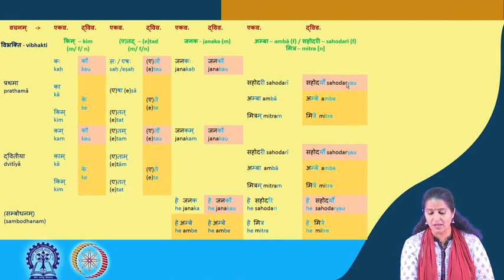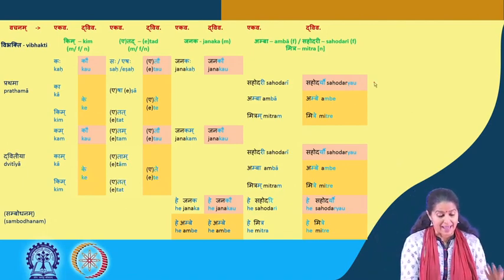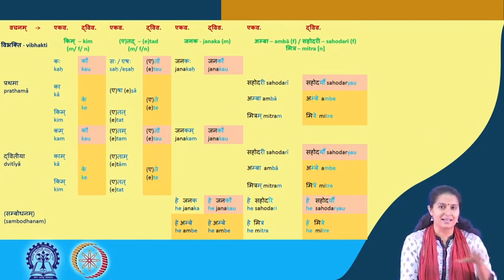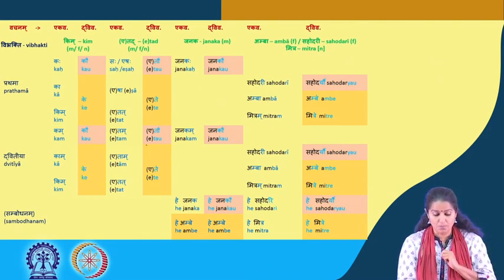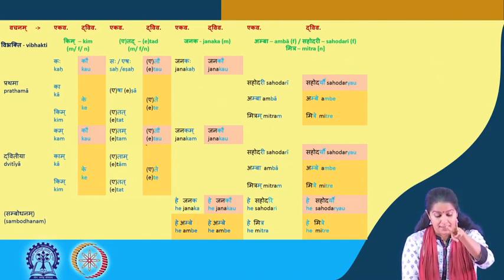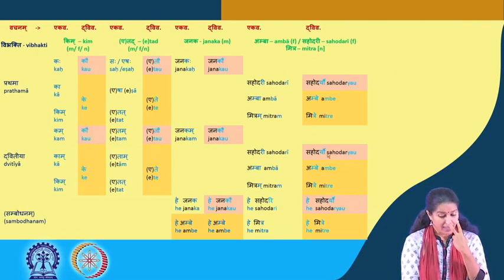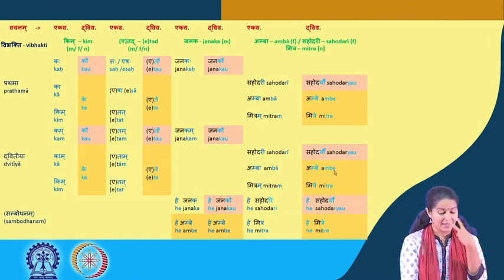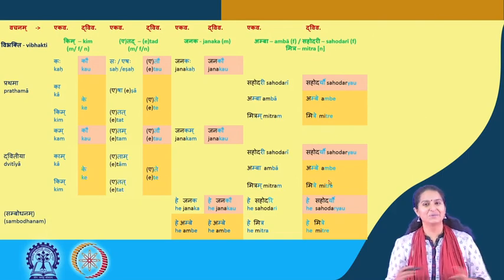So I've tried to give you a color code there to show you what is similar and what is different. And what happens with the second case, so it is identical. So kau, tau, janakau, ke, te, sahodaryau, ke, te, ambe, and in the mitram, ke, te, and mitre. Uttamam.